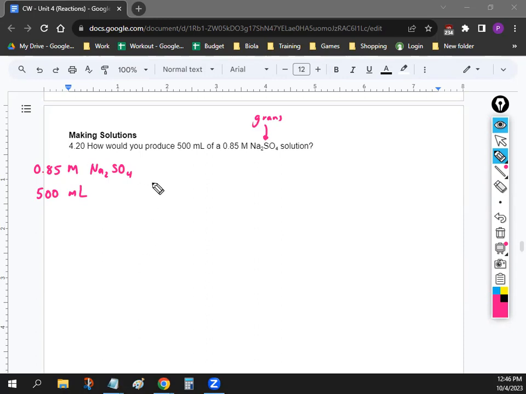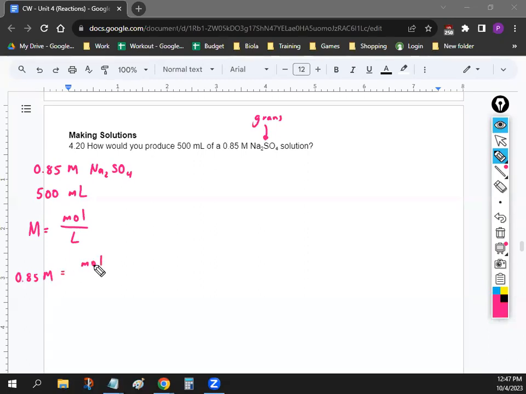Okay, so that's pretty simple. We're going to be using the molarity formula. So capital M equals moles over liters. And then we're just going to plug in our numbers. What value should we plug in for molarity? 0.85. Yeah, 0.85. So 0.85 molarity. And then divide by the volume.